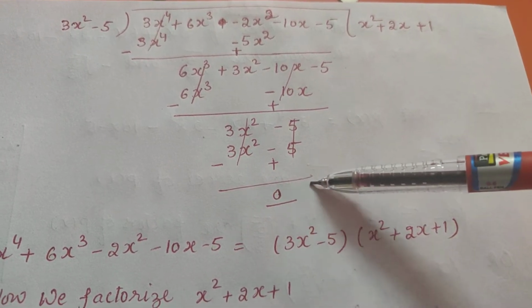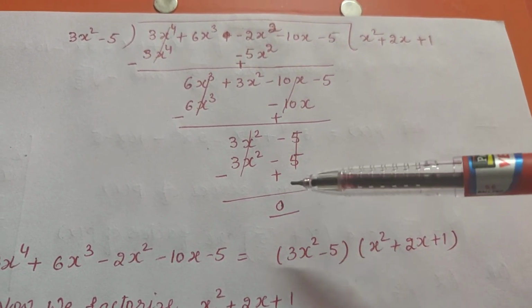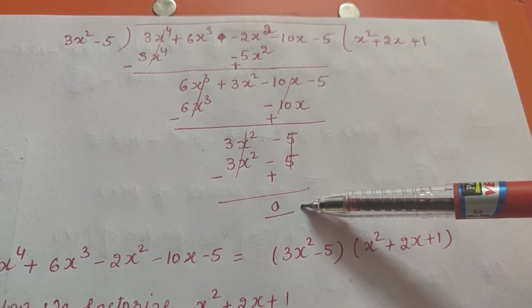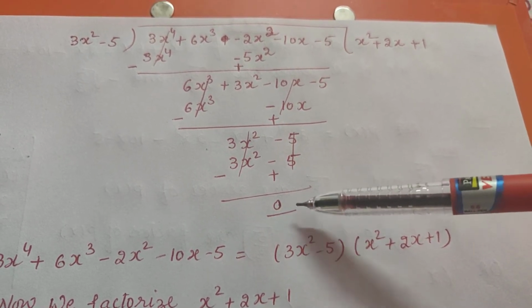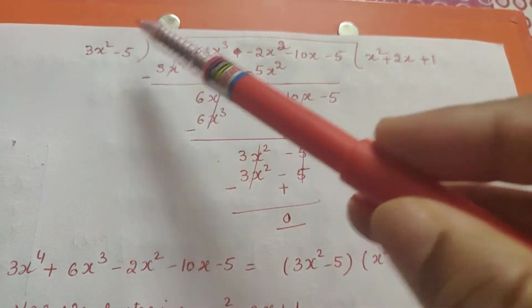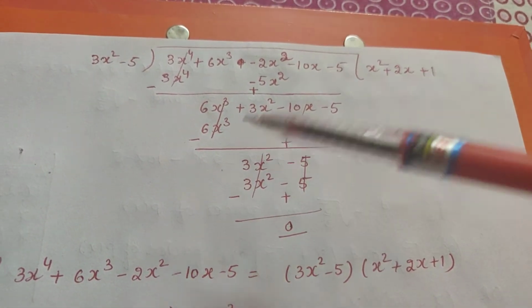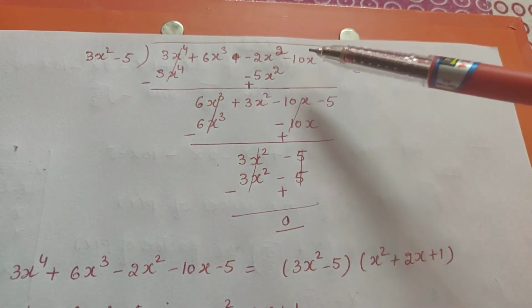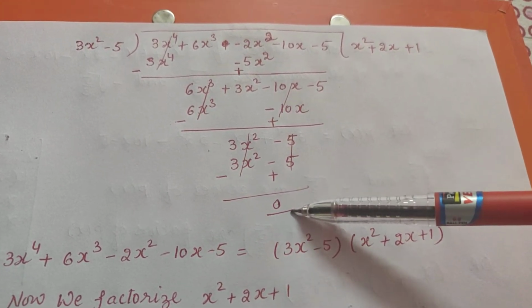Remember children, your remainder will be 0 only. If you are not getting the remainder 0, that means you are making some mistake. Because this is a factor of p(x). You already know this. So the remainder has to be 0, children.